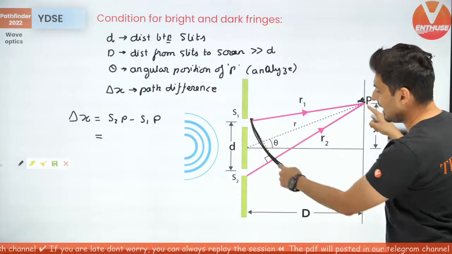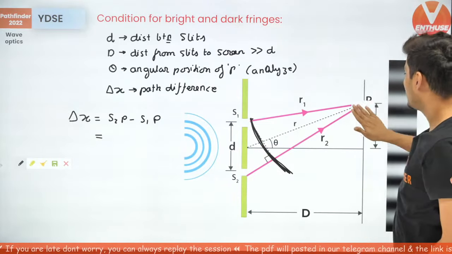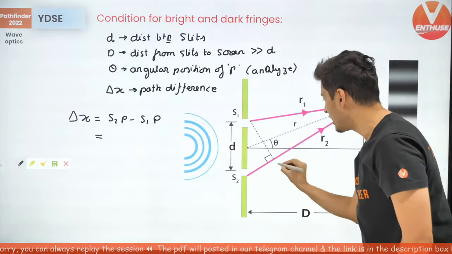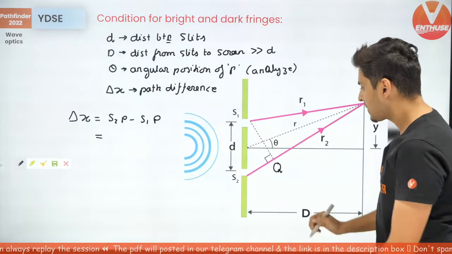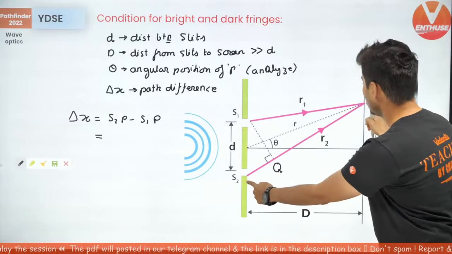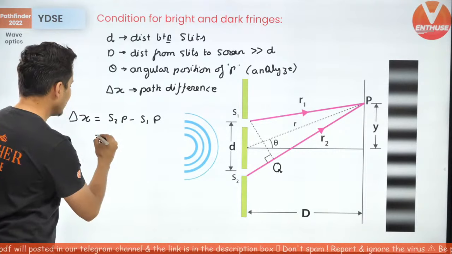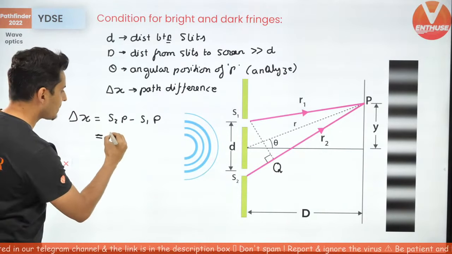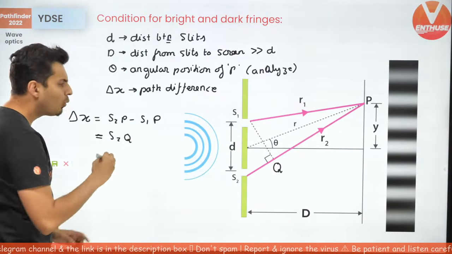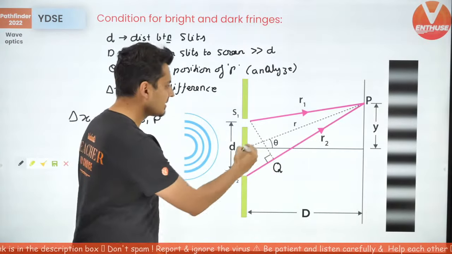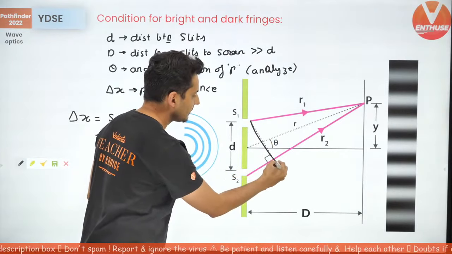So if you draw an arc keeping the center as point P, you will immediately realize that this is the extra distance you have to travel. If I mark this point as Q, this is exactly the difference between S2P and S1P. So this is approximately S2Q. Why is it approximate and not exact? The reason is that I have drawn an arc.